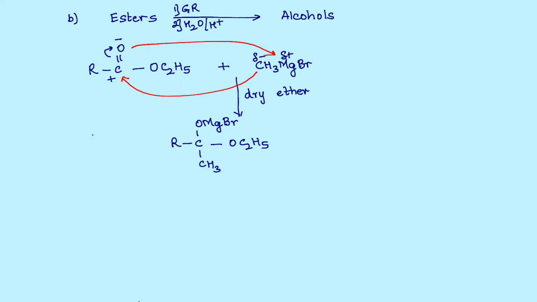CH3 OC2H5. Now, if you see, this has become very heavy loaded. Poor carbon is loaded with an alkyl here, an alkyl here, an alkoxy here, and OMG, so much load. We need to help it offload. Let's help it out, and there we go. It releases the MgBrOC2H5.